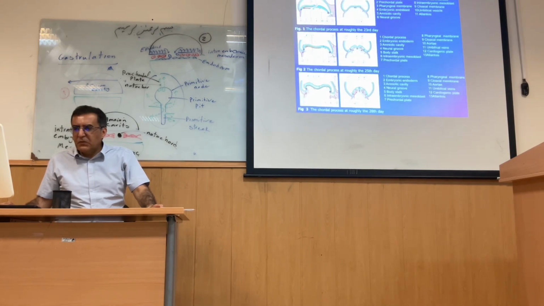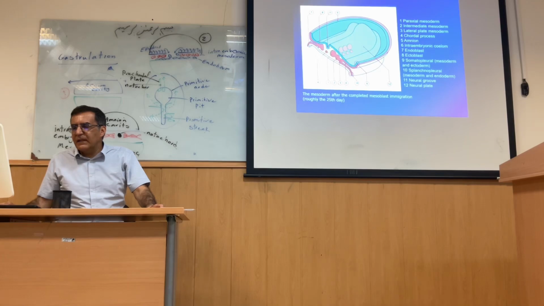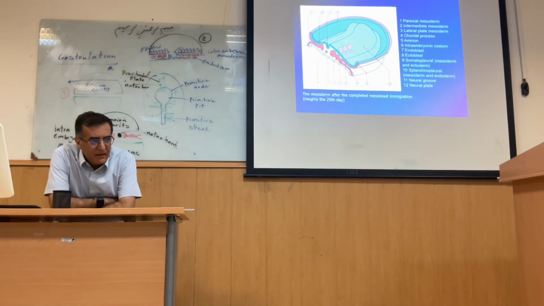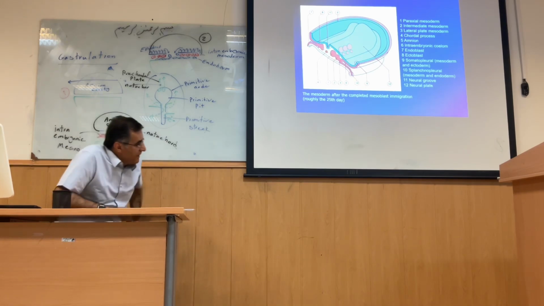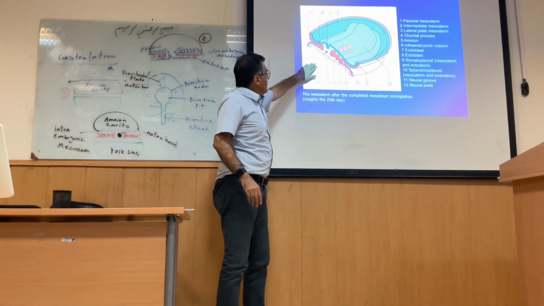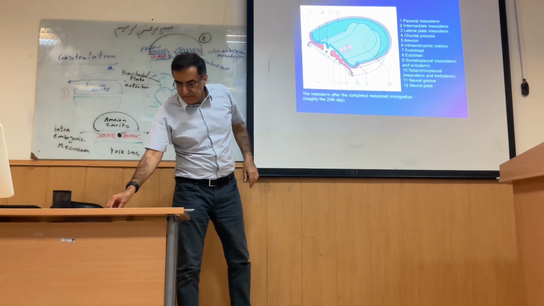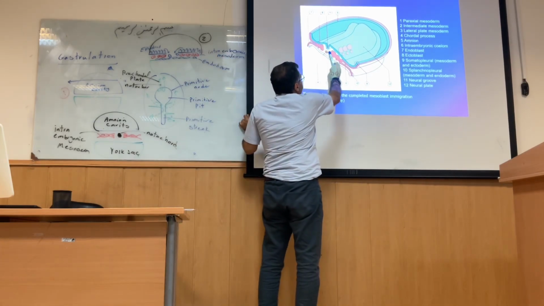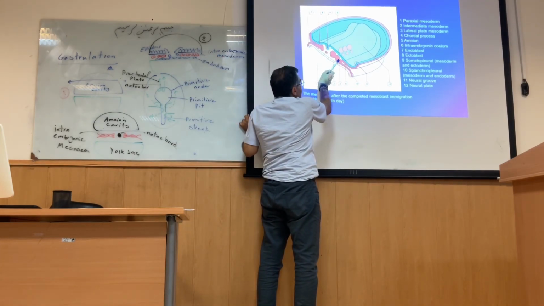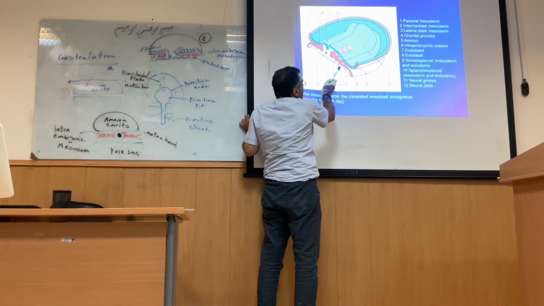This is the notochord, and finally, these are the interesting pictures, the 3D pictures. Look at the notochord in here. This is the intraembryonic mesoderm. The yellow one is the endoderm. We divide the intraembryonic mesoderm into three parts.